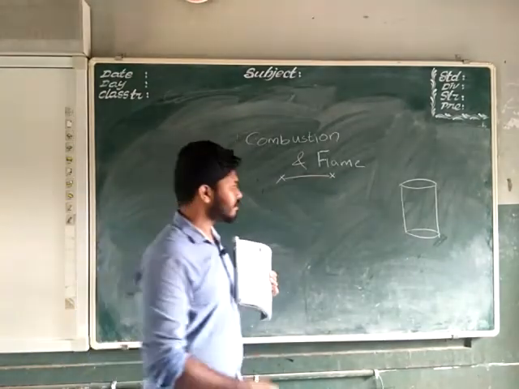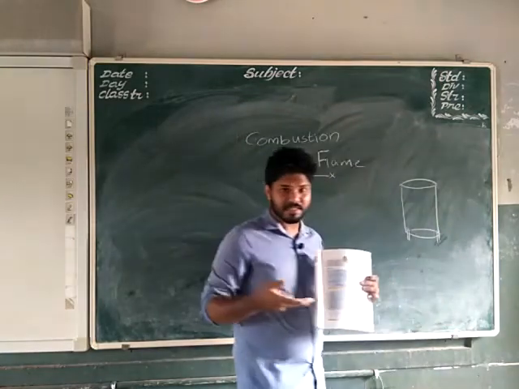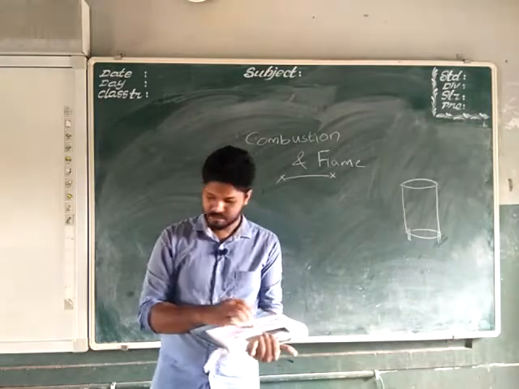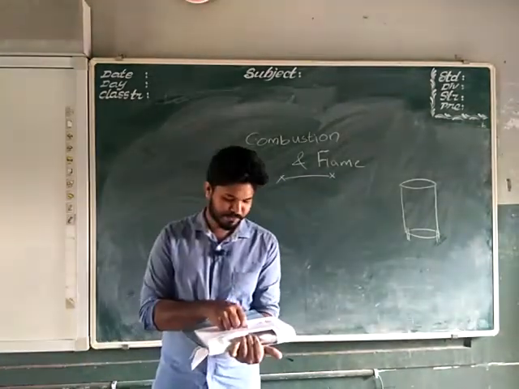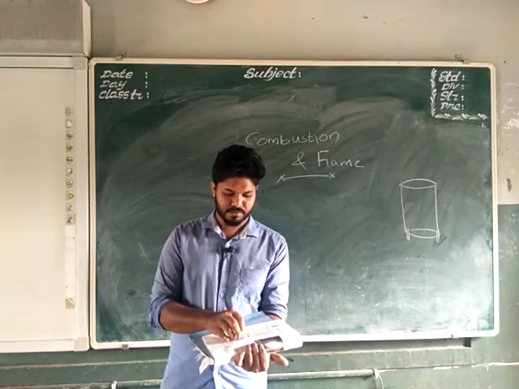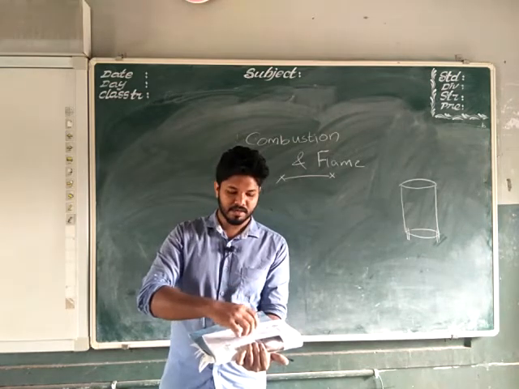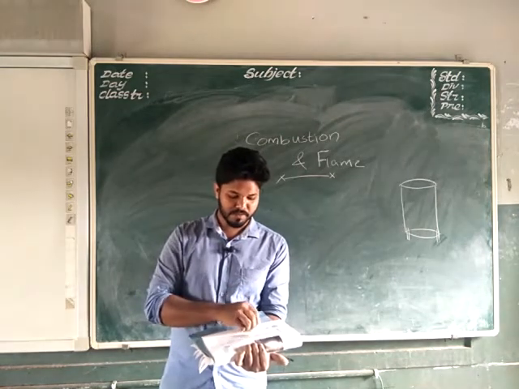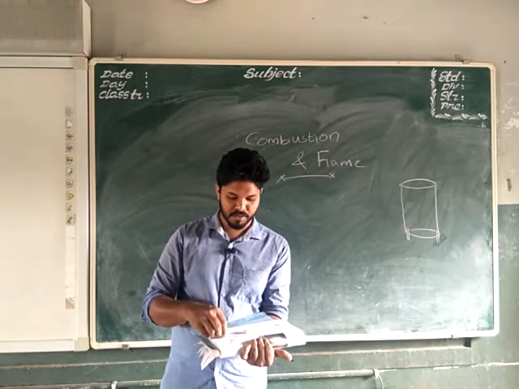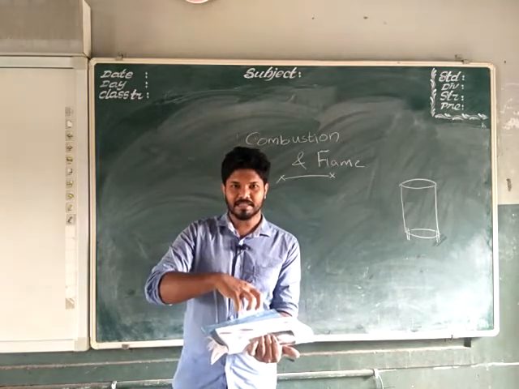So in the first case we have two wooden pieces below the glass. We will place two wooden pieces like this, and we will put the glass chimney above them.